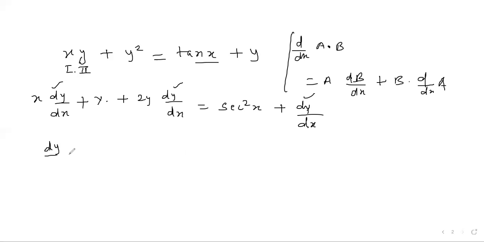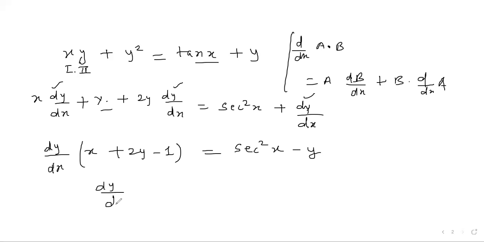So dy by dx, then here x is common, here 2y, and here it will become minus 1 when we shift it to LHS, and then sec square x, and this term will be y. So dy by dx will be equal to sec square x minus y divided by x plus 2y minus 1.